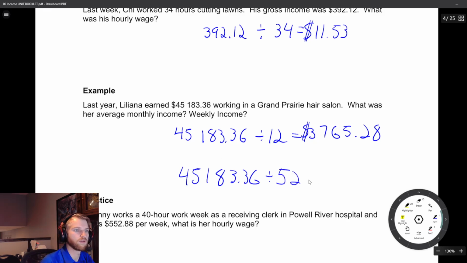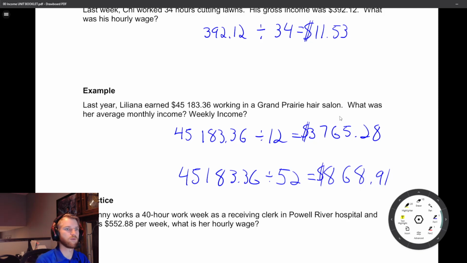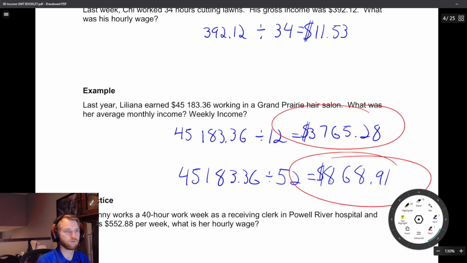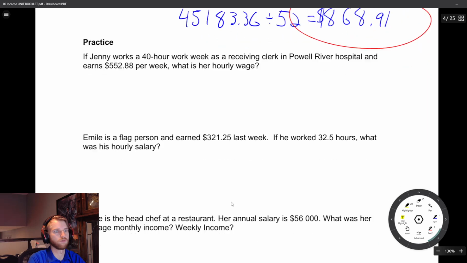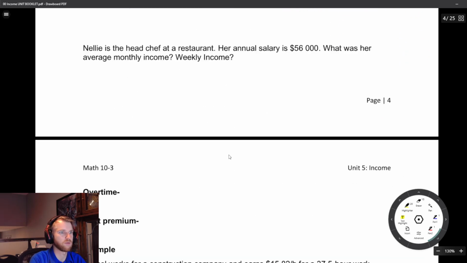So we're dividing this by 52 weeks in a year and getting $868.91. So this is how much money per month right here, and this is how much money per week. All right, and then these next questions are all variations on that same idea.